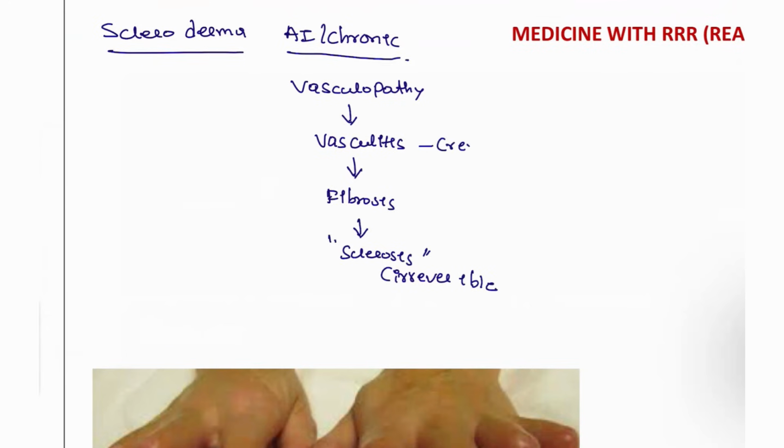So this will cause vasculitis. This inflammation leads to vasculitis, and over time recurrent vasculitis will lead to fibrosis, and fibrosis will lead to sclerosis. Okay, and this condition is irreversible. The only reversible stage is the vasculitis, but this vasculitis phase will be asymptomatic, which will lead to the irreversible stage of sclerosis, of scleroderma.